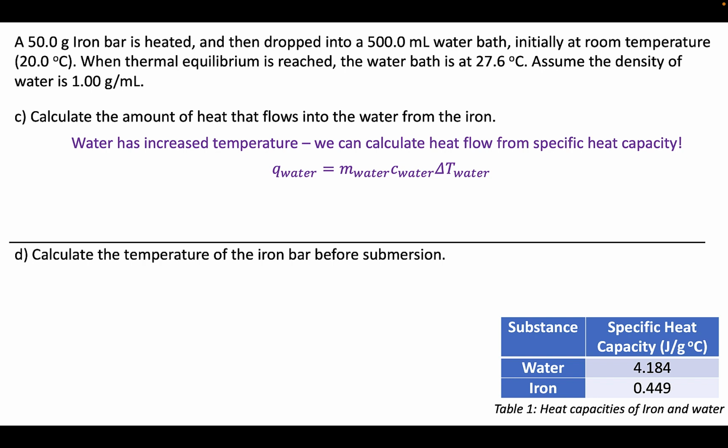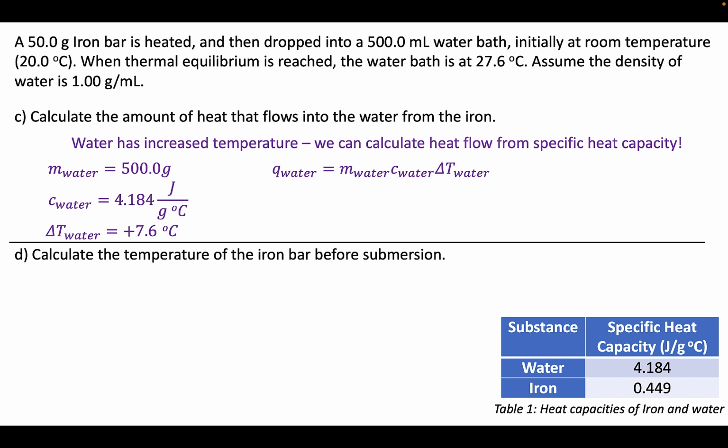For that, we use the equation Q equals mc delta T. Here I've put water in to show that we're dealing with water. We know the amount of water, since we have the density and the volume. We have the specific heat capacity of water in the table below, and we know the final and initial temperature of the water. So let's lay out all of those things.